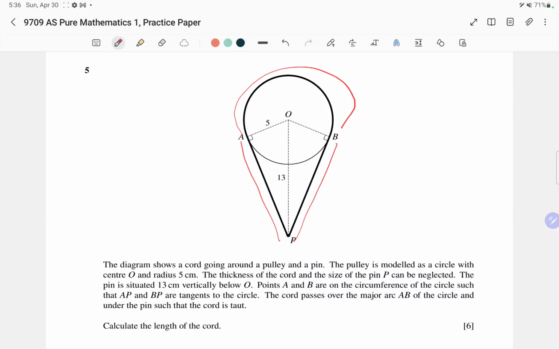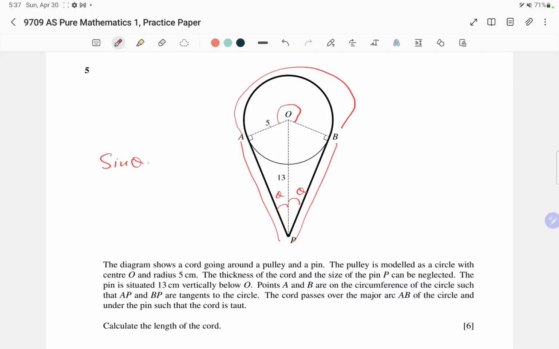Now, what information do we have? We can easily find this angle theta, and then we can easily find this angle. Here we can apply sine theta.